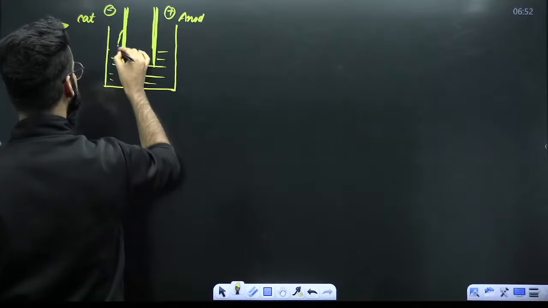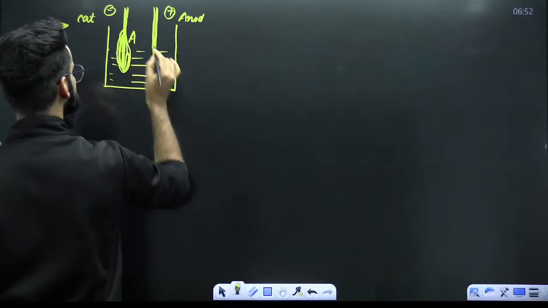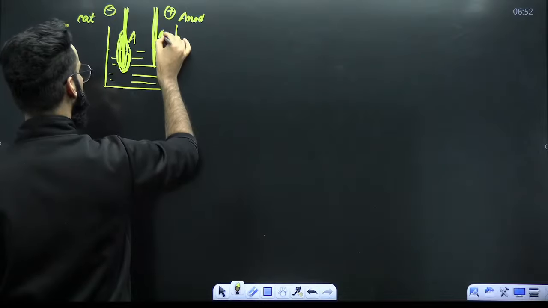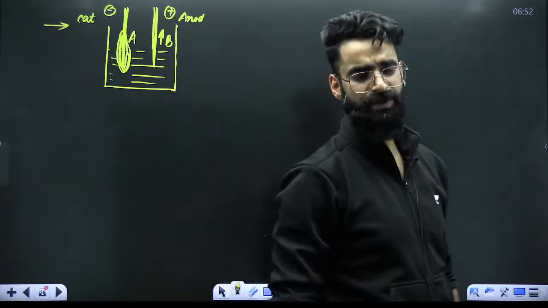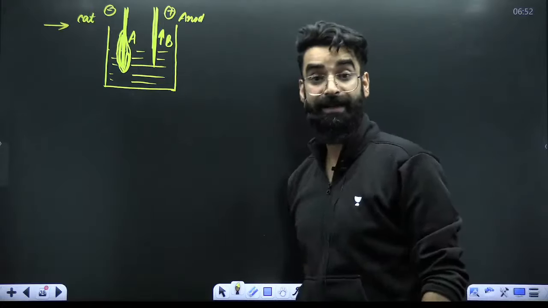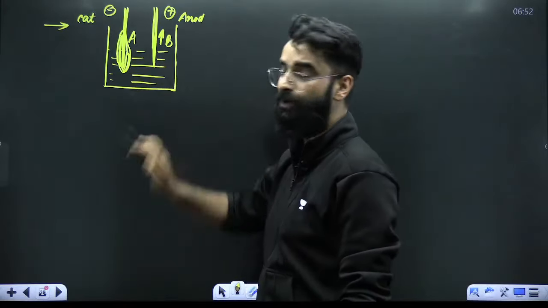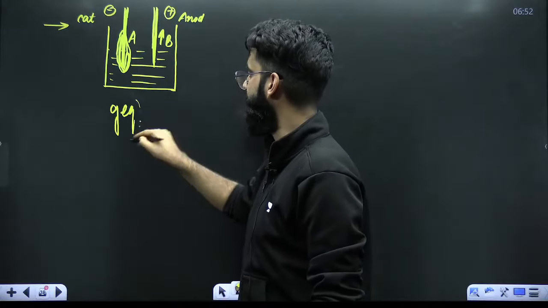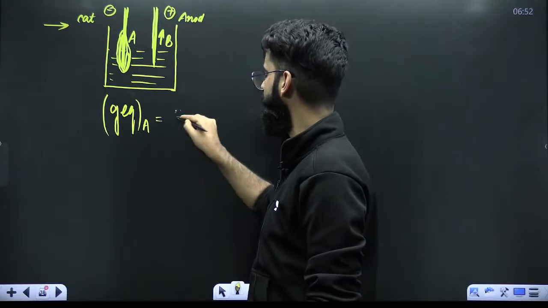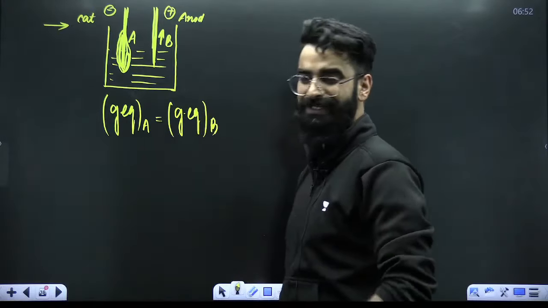Let's assume at the cathode some substance A is getting deposited, and at the anode gas B is getting liberated. Now you can use Faraday's second law here as well. Gram equivalence of A deposited here should be equal to the gram equivalence of B liberated here.